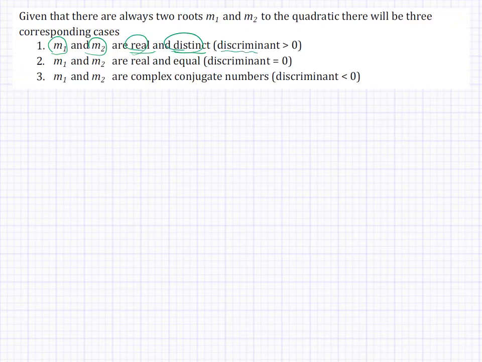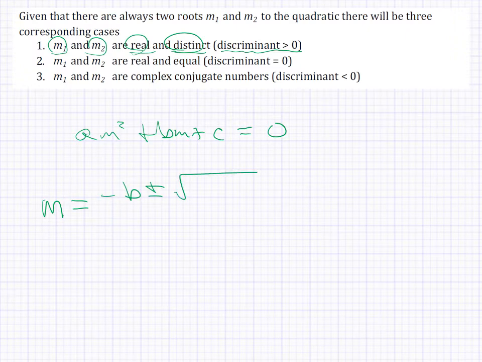That would happen if the discriminant is greater than 0. The discriminant is the term inside the square root in your quadratic formula. So when you solve am squared plus bm plus c equals 0, you could use the quadratic formula for m, which would be minus b plus or minus the square root of b squared minus 4ac, all over 2a.